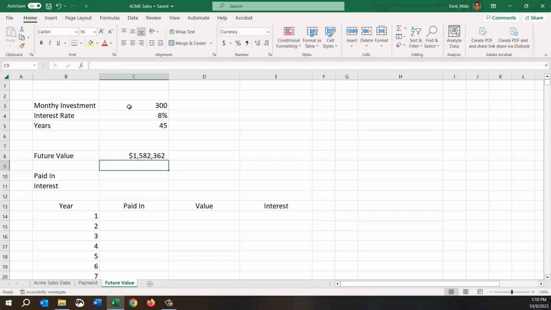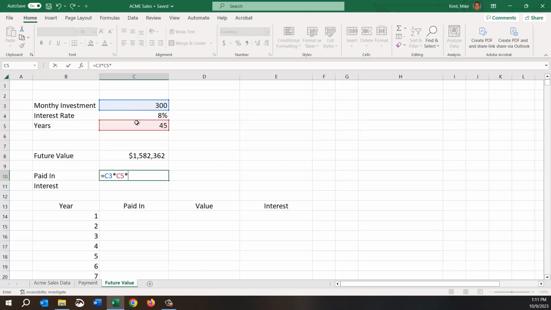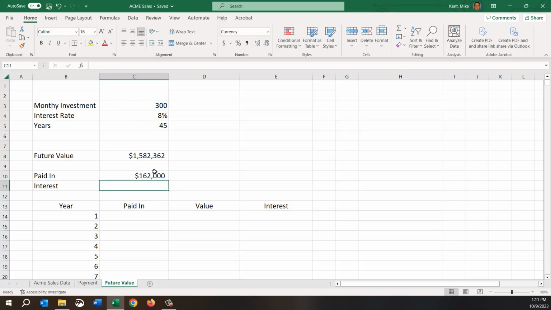Now let's see how much I paid in. So equal, I'm paying $300 a month times 45 years times 12. So the total amount of money I paid in over that 45 years is $162,000, and I turned that into $1.5 million. So how much of that is interest?